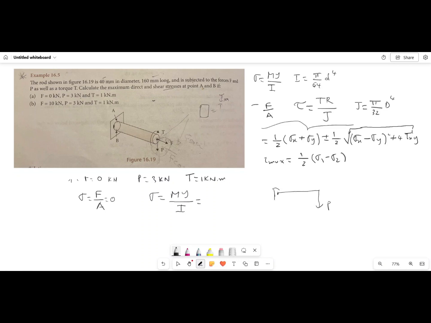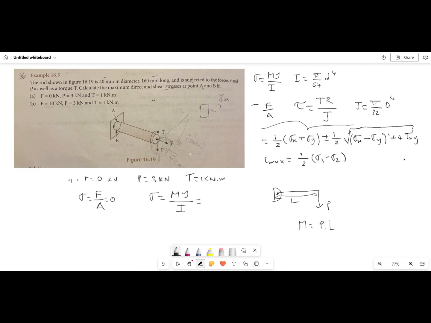Let's say you have a reference point here, C. This is the distance L. This is the force P. What is moment? Force times perpendicular distance. So the moment in this case will be the force P multiplied by L. This is the same thing that is happening here, but it is in 3D now.